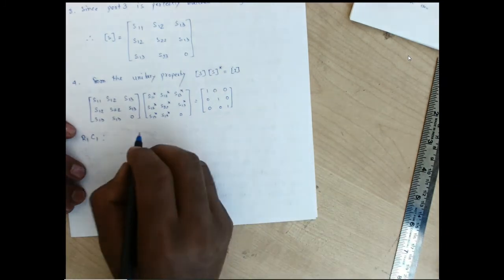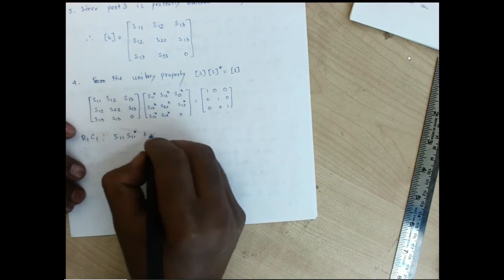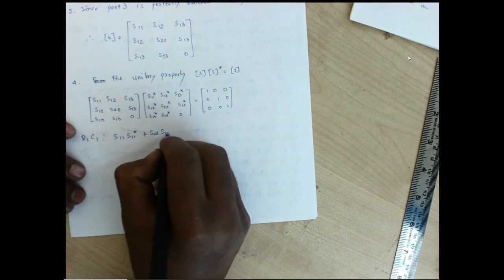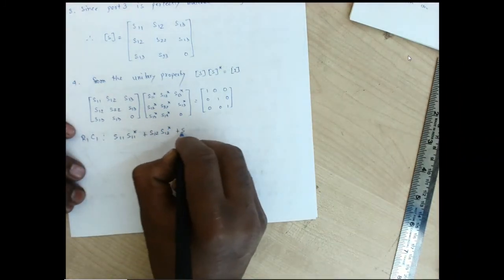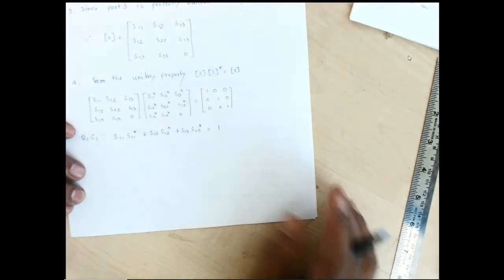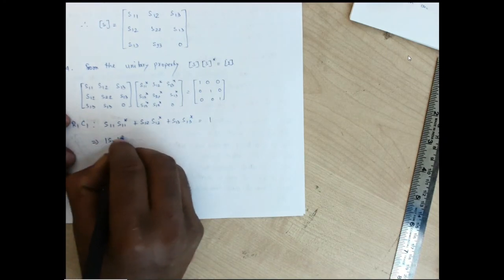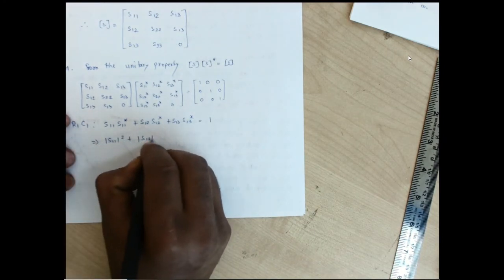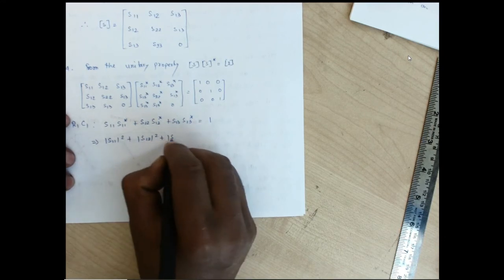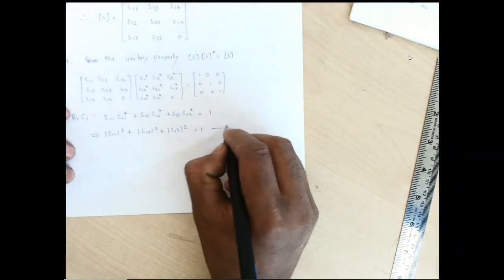So this becomes S11 S11 conjugate plus S12 S12 conjugate plus S13 S13 conjugate equals 1. That is, mod of S11 squared plus mod of S12 squared plus mod of S13 squared equals 1. Let us call it equation 1.